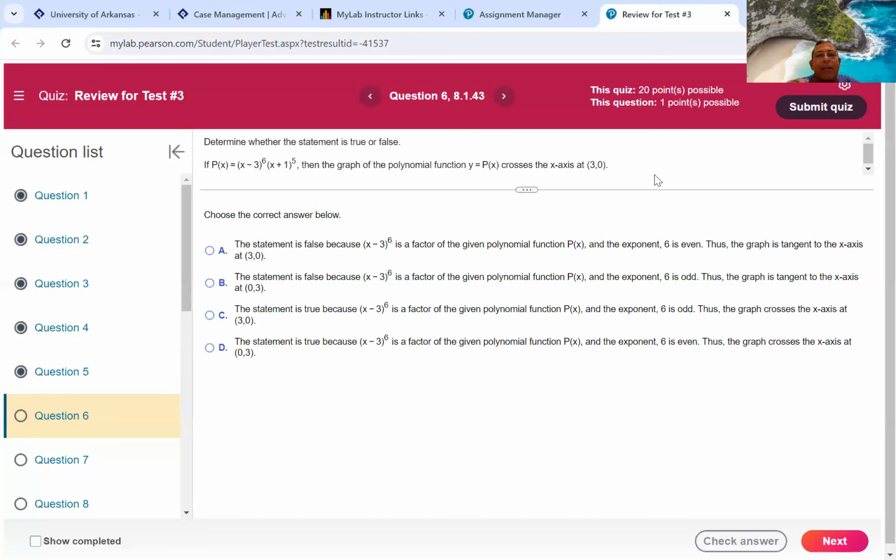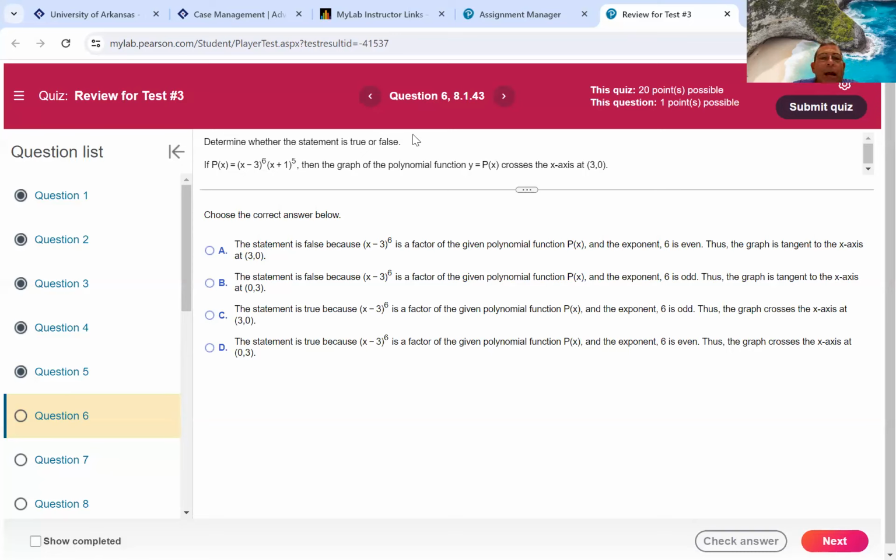So let me remind you on this. If a 0 comes from a factor that has an even exponent, then the graph is tangent to the x-axis. If the 0 comes from a factor that has an odd degree, then that means that 0 crosses the x-axis.